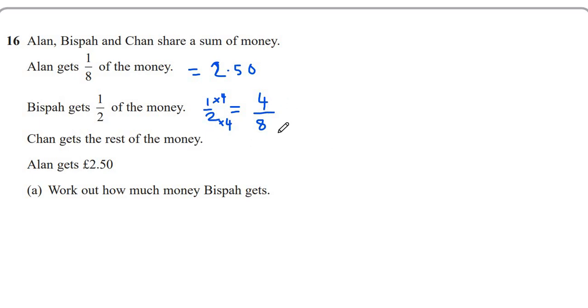Now the reason I'm doing this is because I need to get the same denominator as Alan. So that will help me compare how much money Bispa is going to get. So Alan gets 1/8 and Bispa gets 4/8. So that means he must have gotten 250 times 4, which is 1000 pounds.